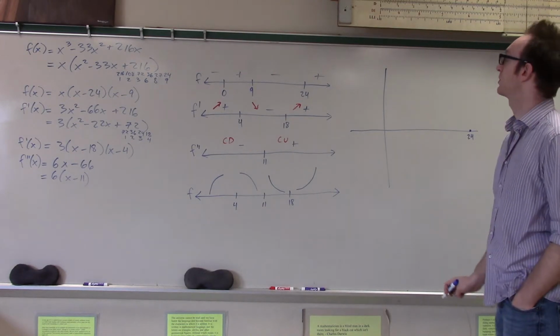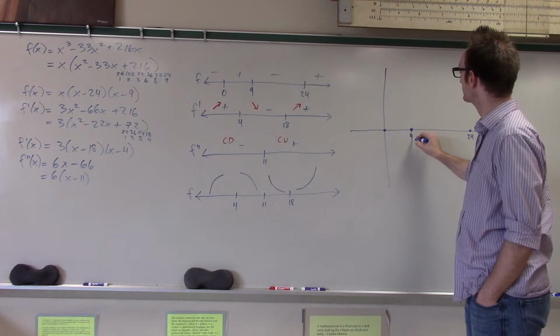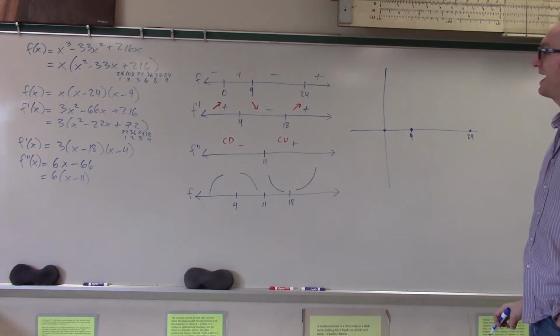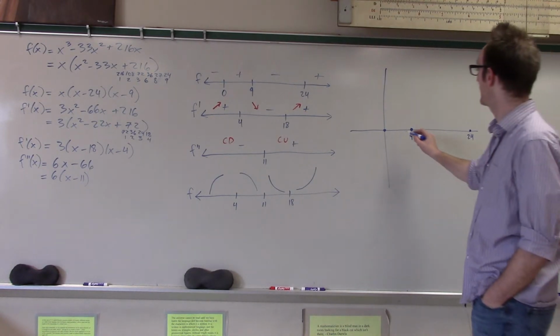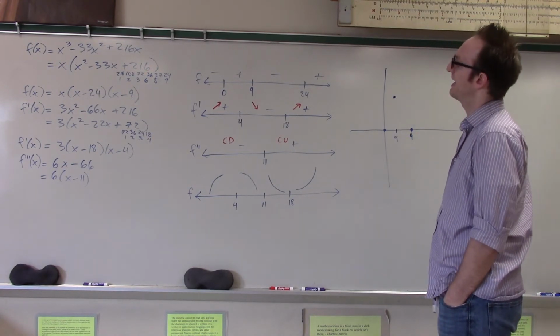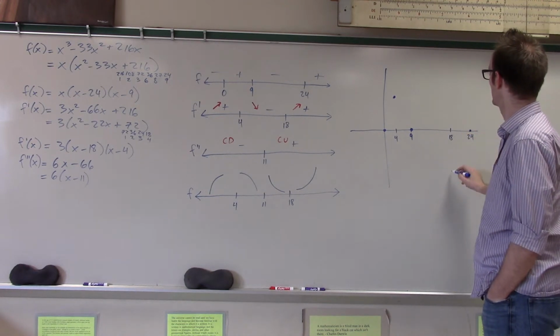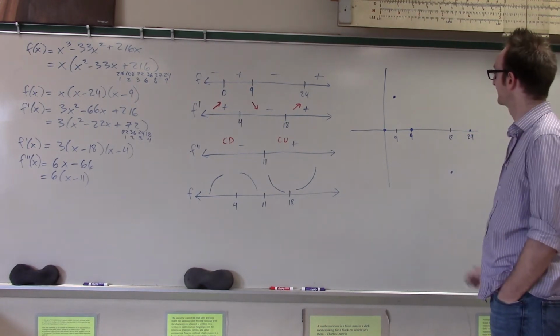And there's also going to be a root at 0. And there's also going to be a root over here at 9. I know at 4 there's going to be a relative max, so I'll just put that up here somewhere. And at 18 there's going to be a relative min, so I'll put that down here somewhere.